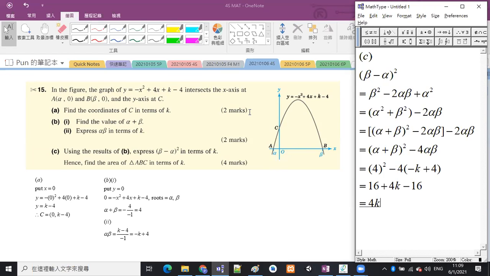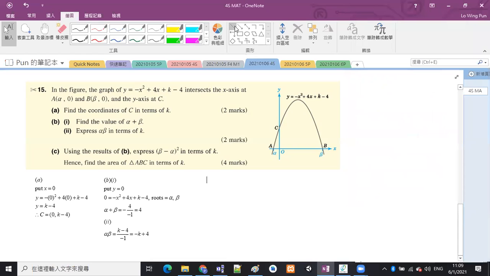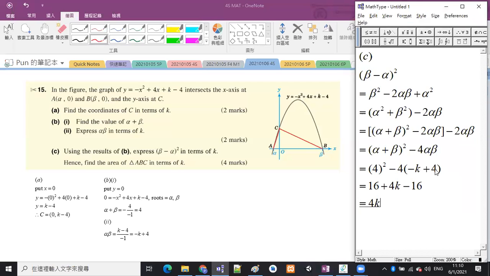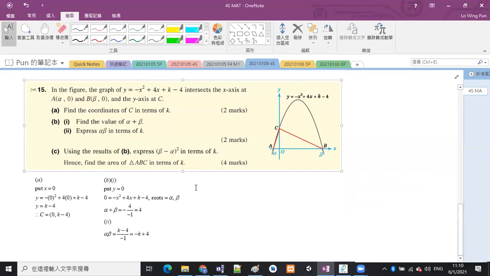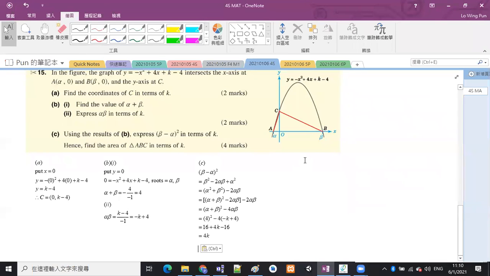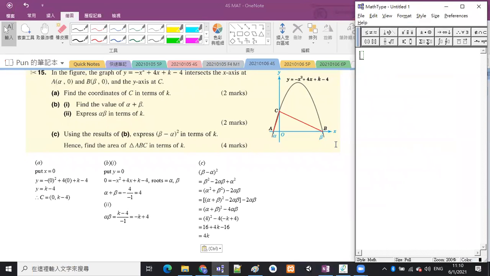There is a slightly tricky point here, let's see if you can get it. I would like to find the area of triangle ABC, so let me draw the triangle ABC first. It's like this. The area of a triangle is of course base times height divided by 2. Since it's in terms of k, I write it down here.